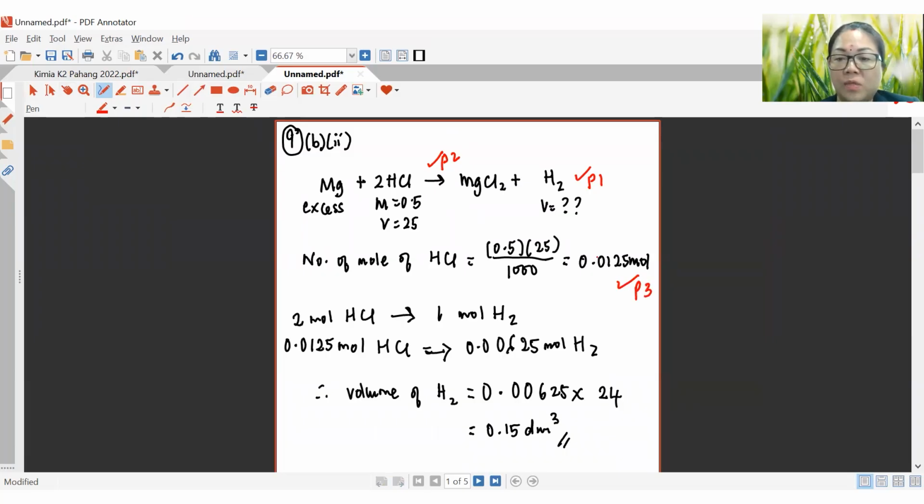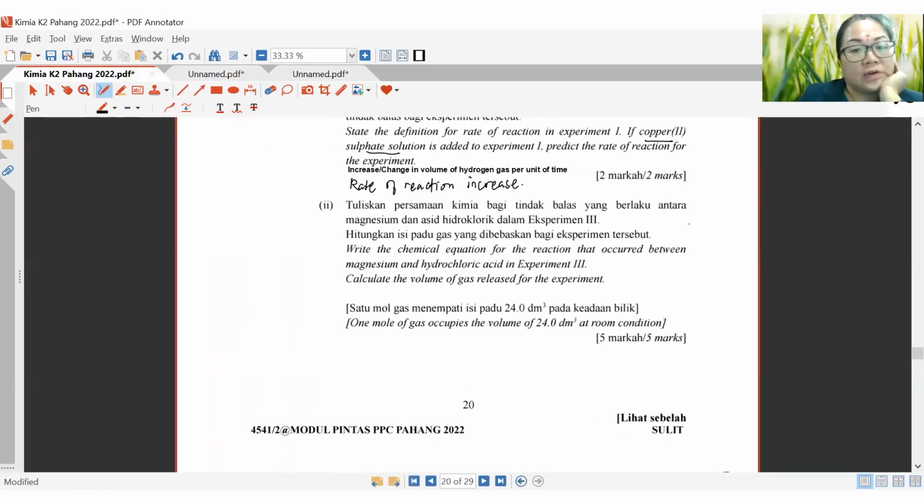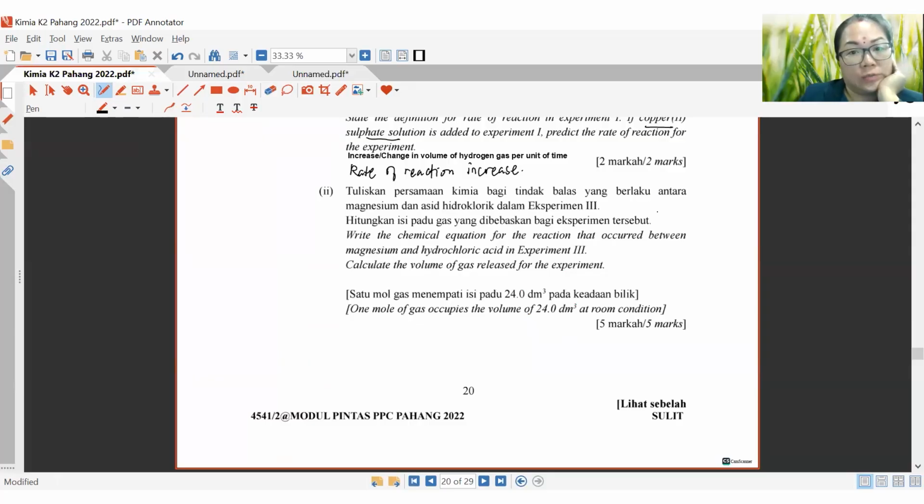Point 3, able to calculate the number of mole for HCl. Point 4, able to tell the ratio and proportion that is involved. And point 5, the final answer. So that's how you get your 5 marks, 5 points, for this type of question. That's for question 2.